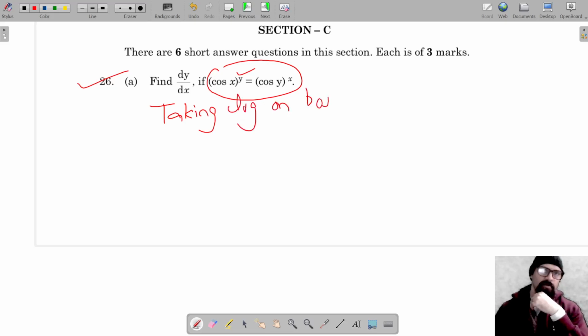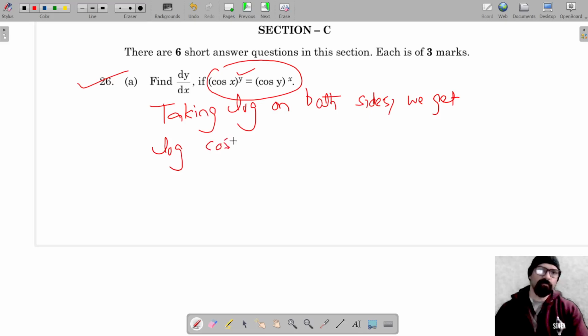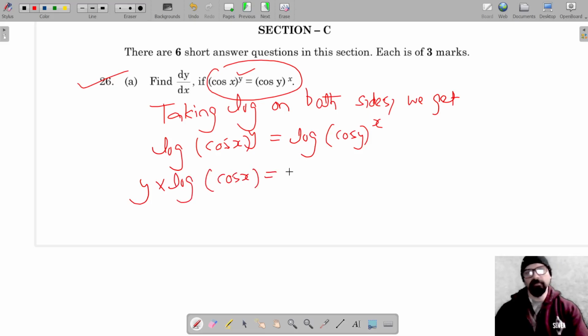Taking log on both sides, log of (cos x)^y is equal to log of (cos y)^x, which gives y into log of cos x equal to x into log of cos y.